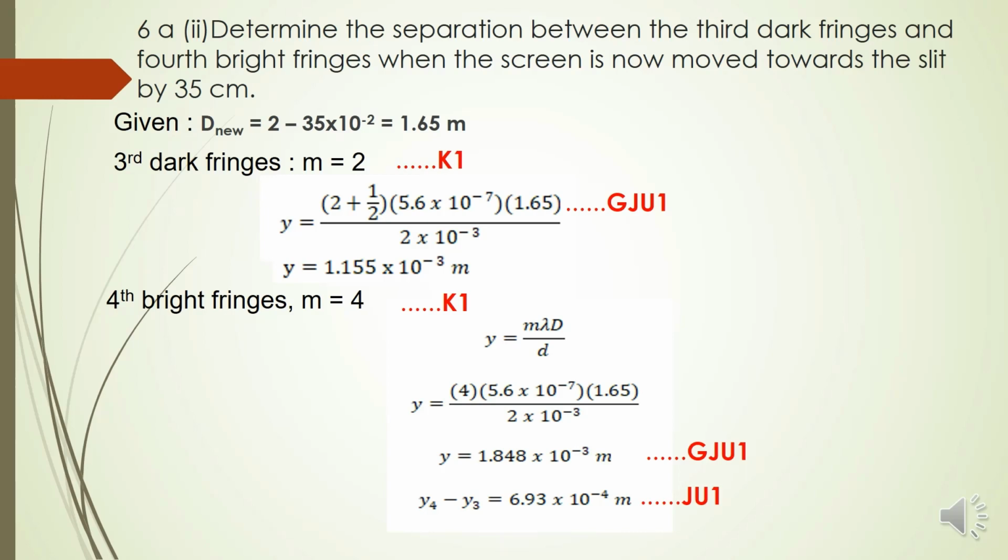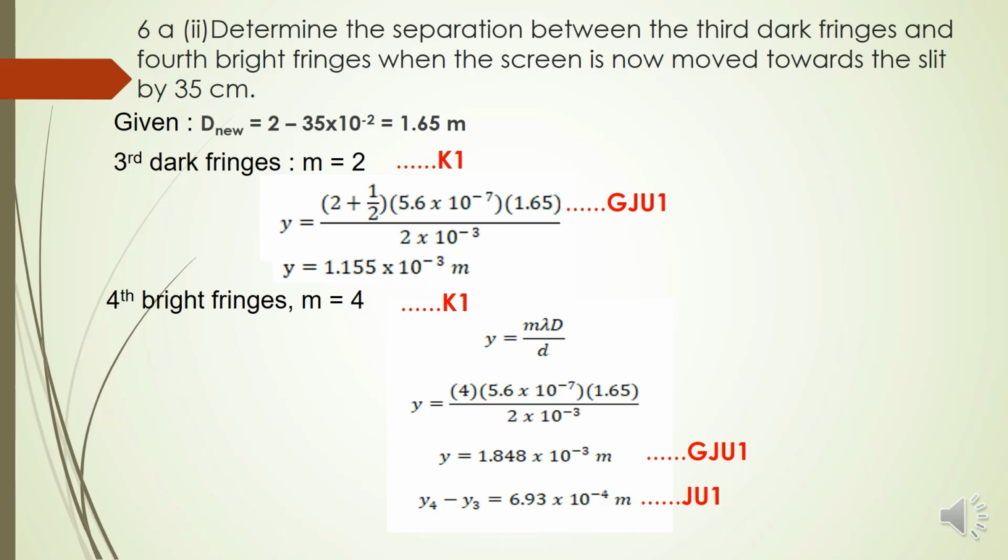Okay, gantikan semua maklumat yang diberi. Ingat, gantikan D yang baru iaitu 1.65. Ordernya adalah 4. Lambda yang lama iaitu 5.6 darab 10 kuasa negatif 7. Dan small d adalah 2 darab 10 kuasa negatif 3. Okay, semua gantian betul. Jawapan serta unit yang betul dapat 1 markah.